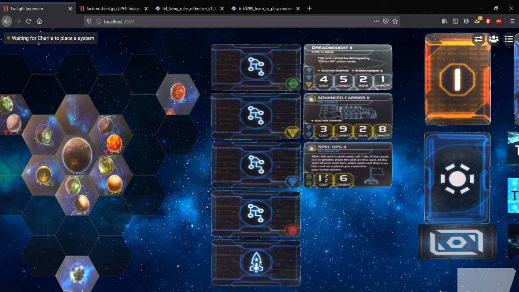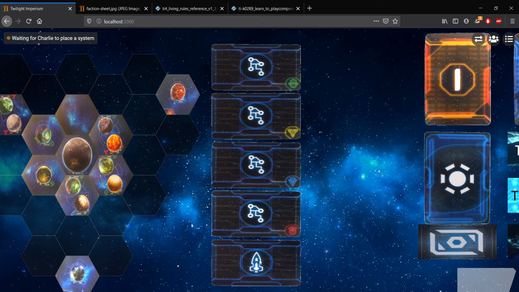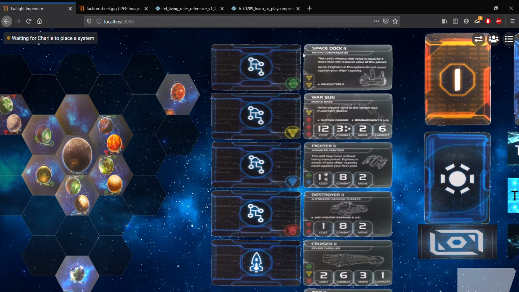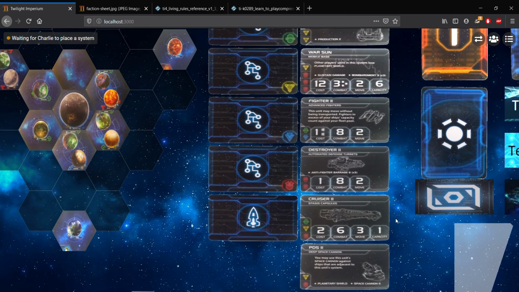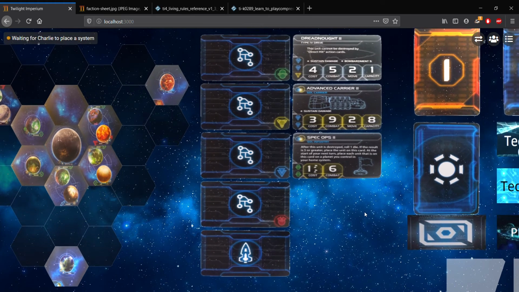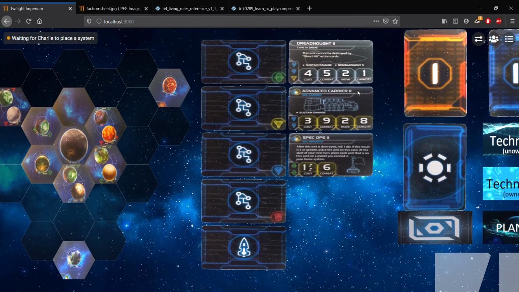So if you scroll through the units, you'll see Space Dock 2, War Sun, Fighter 2, Destroyer 2, Cruiser 2, PDS 2. And then in the second index here, Dreadnought 2. And then we don't have Carrier 2 or Infantry 2 anymore, which used to take up 2 slots. Now we just have Advanced Carrier 2 and Spec Ops 2.